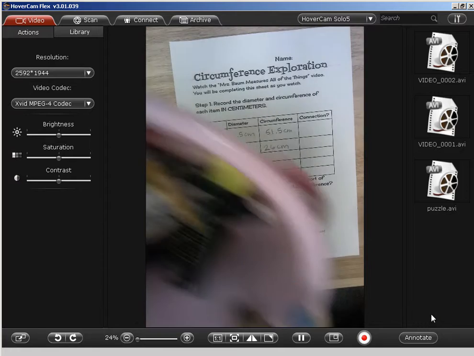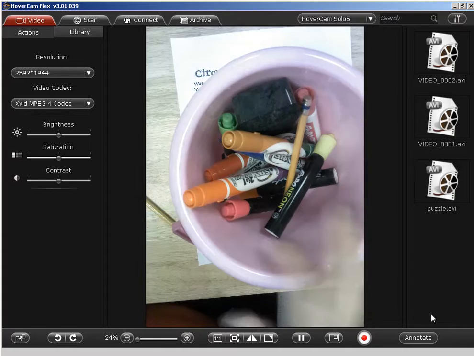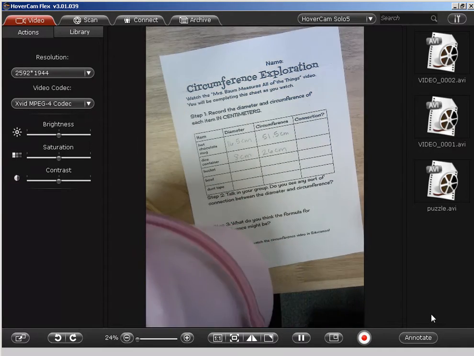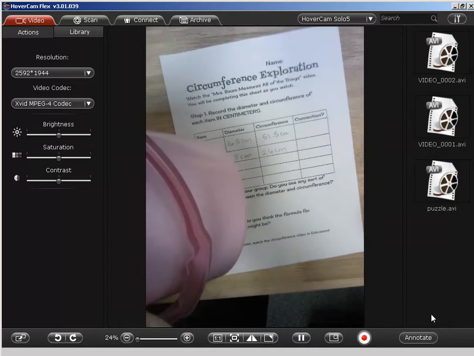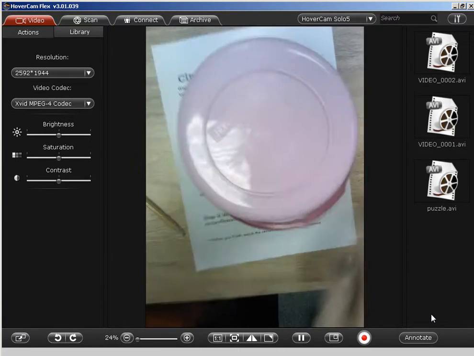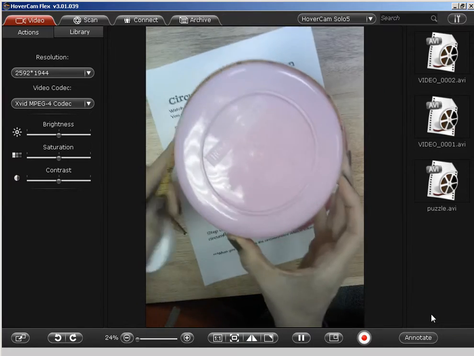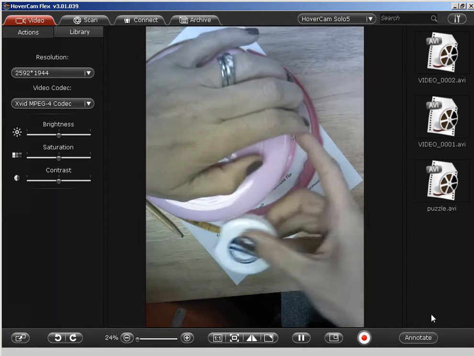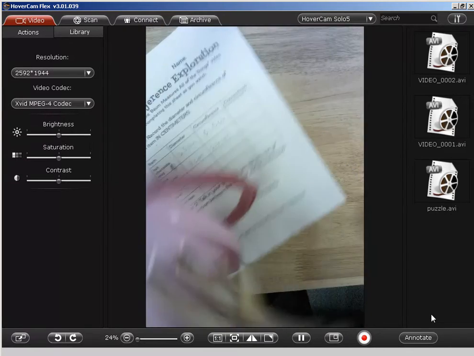Okay, so now the bucket. I think I'm actually going to do the bottom of the bucket because that might be easier. All right, 42 centimeters for the circumference.